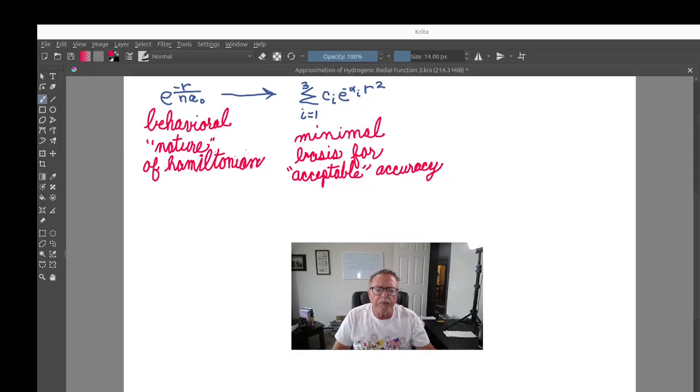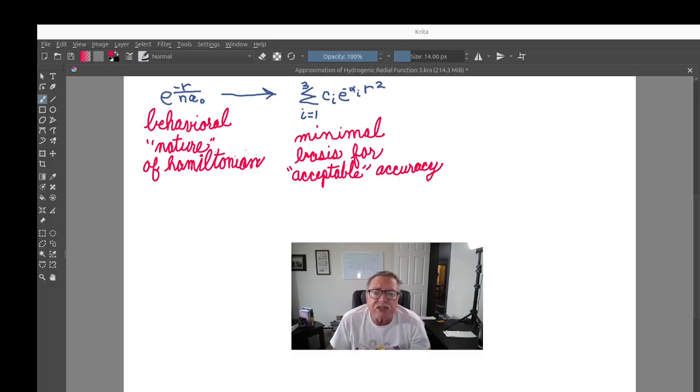So, more on approximation. If you notice up in this corner, I've got something about the behavioral nature of the Hamiltonian. In other words, it's got that exponential in there. And then I've got this other thing saying the minimal basis for acceptable accuracy.